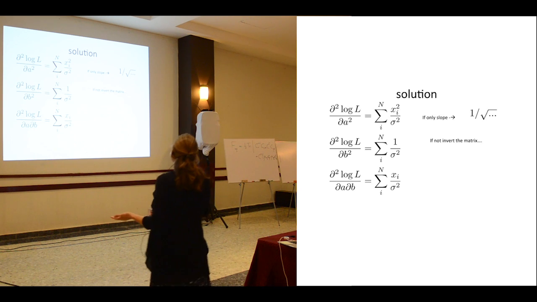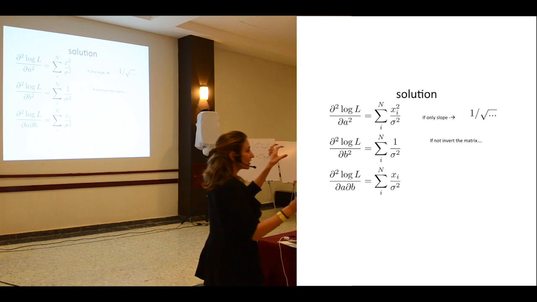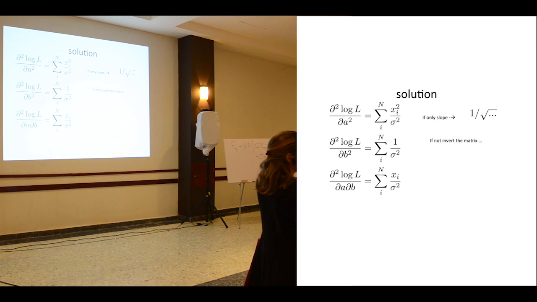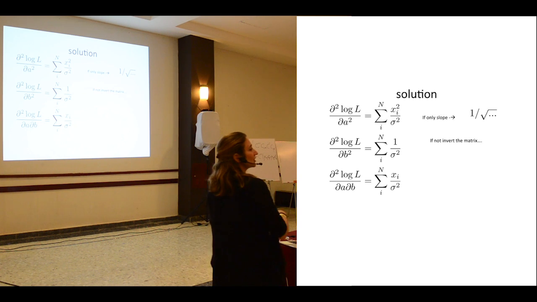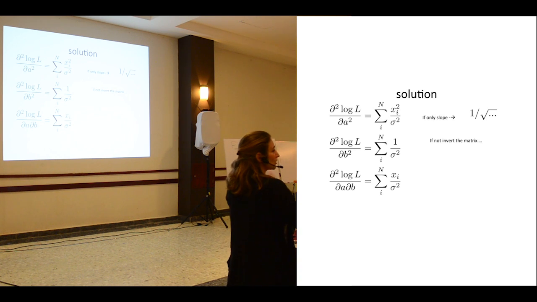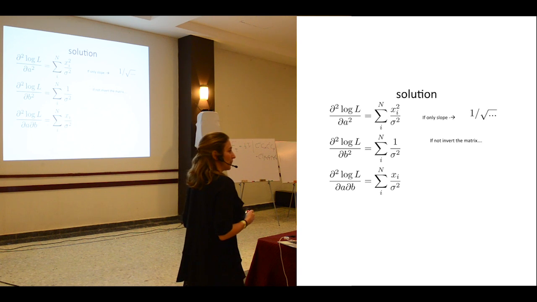So you write the matrix, you invert the matrix, then once you invert it, the diagonal terms are going to be the square of the marginal error on A and B. And the off-diagonal term is going to tell you about the correlation between A and B.